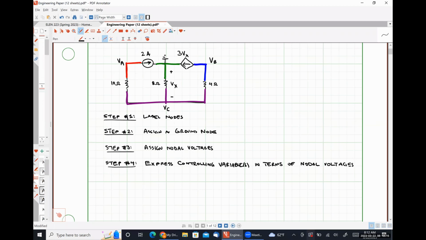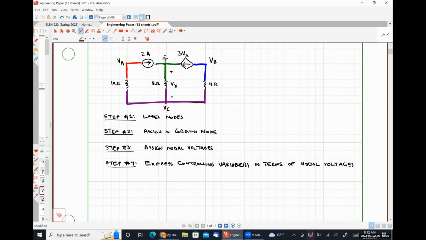So the reason why this is my fourth step, and this is the first step of actually doing any analysis here, or setting up equations, is because this is the easiest one to forget. Okay. So what is the controlling variable in this circuit?